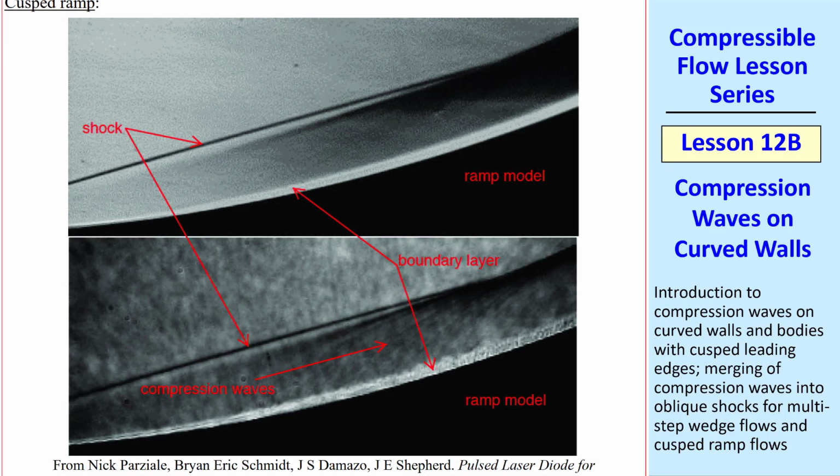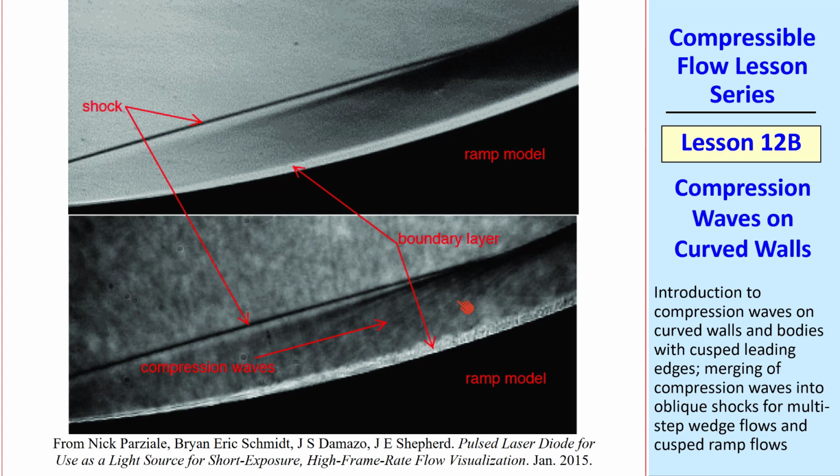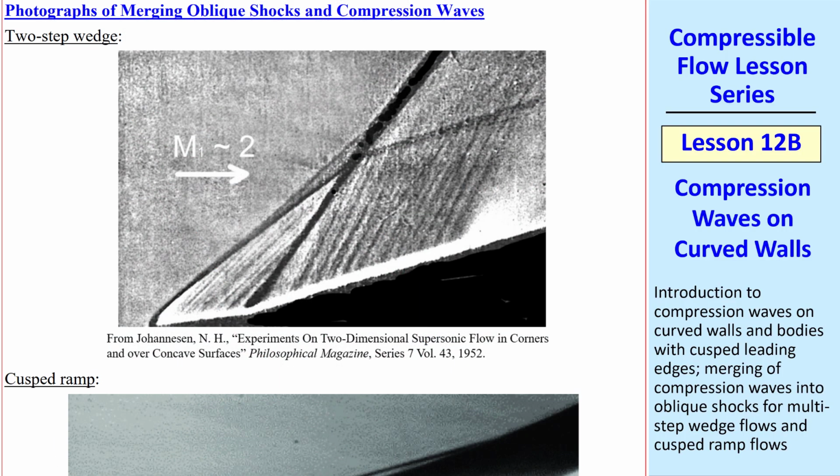And here's a case of a curved wall, or a ramp, where there are compression waves in this region, which are very hard to see, where they eventually merge into one oblique shock. Real life gets complicated because of the boundary layers, both in this figure and in this one, where the boundary layers cause things to be a little bit different near the wall. But you can clearly see these oblique shocks merging, as we've been discussing.